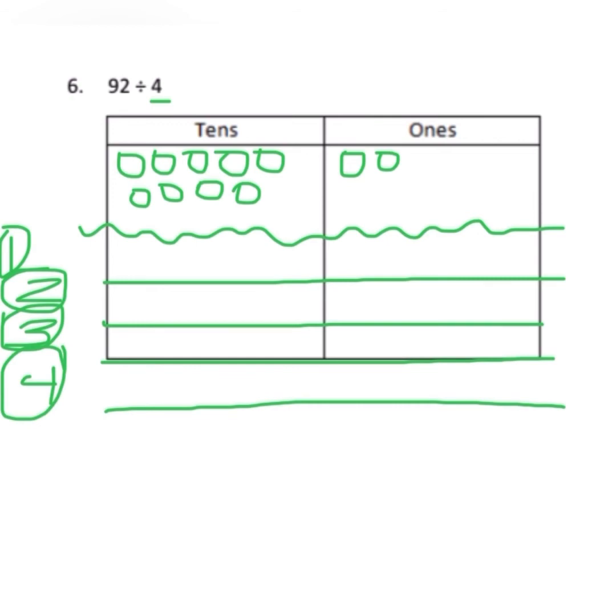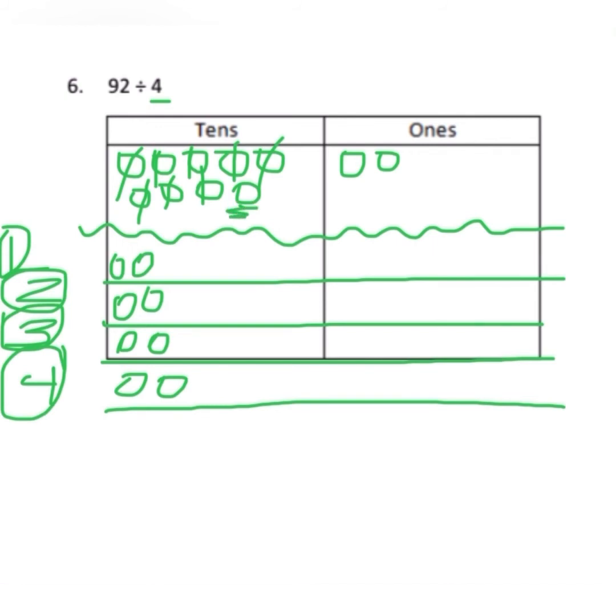Starting in our tens place, we are going to draw 1 disc on each line until we run out of discs to fill the lines. 1, 2, 3, 4. 5, 6, 7, 8. Then I see I have 1 disc left.